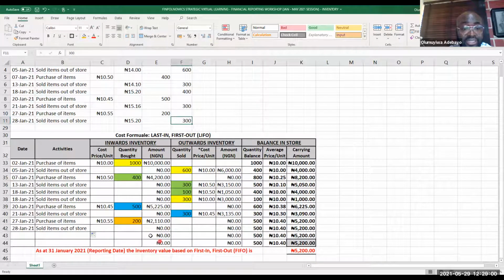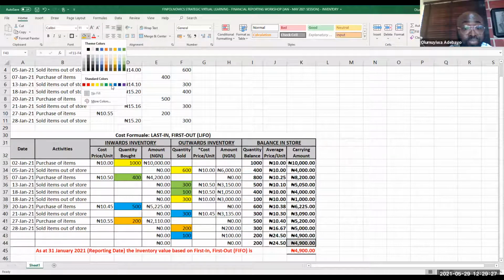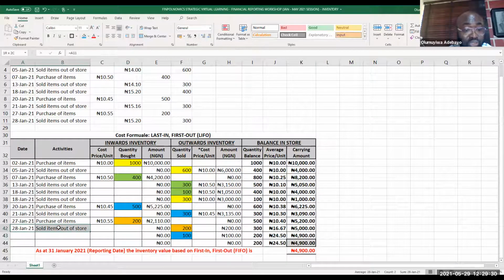But this 300, I first met with the last in, which is the batch of orange of 200. And the balance to make up 100 will be gotten from the batch of blue, because the blue still has 200 left in it. This first one is satisfied from the batch of orange, and the second 100 is satisfied from the batch of blue. And that is what it is at this point.